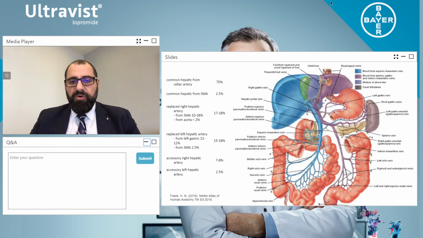Now, this is important because only 15% of arterial blood, or oxygenated blood, gets to the liver. However, the liver is more of a venous organ because the other 75% actually comes from the mesenteric and splenic system. Meaning contrast goes through your small bowel and large bowel, and then it filters back up into the mesenteric vein system and back into the liver.